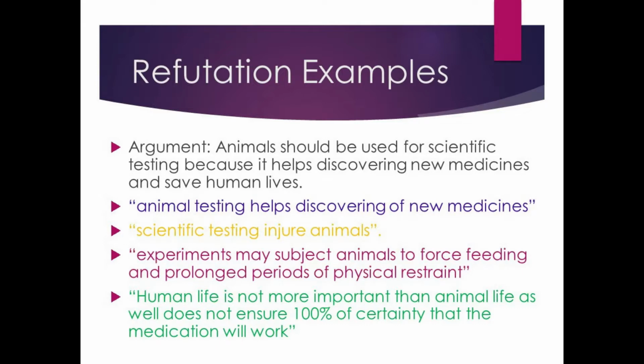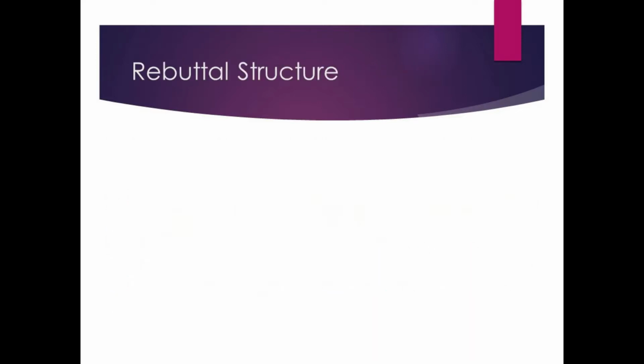As well, animal testing does not ensure 100% of certainty that the medication will work. With this example, we can see that a refutation is not just some quick response. You have to have a very well-planned and thought-out structure to show how your refutation proves that the other team's argument is wrong.